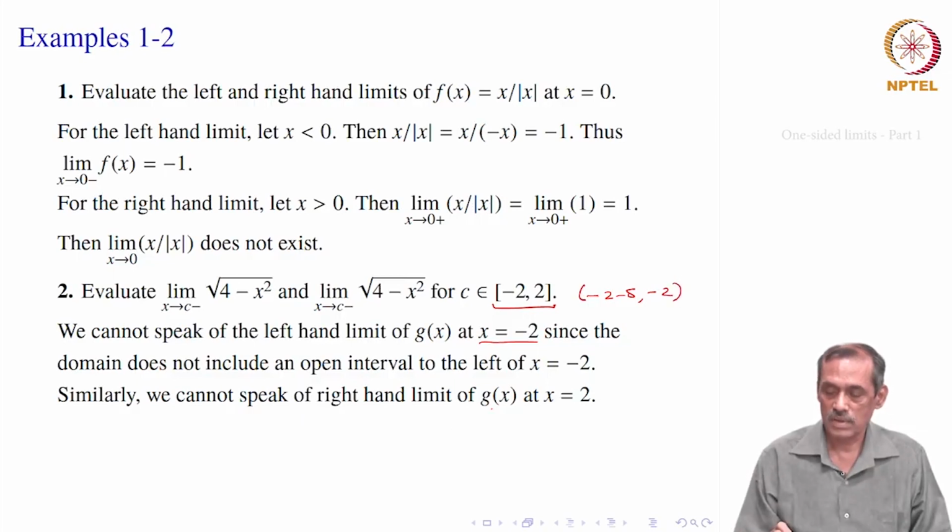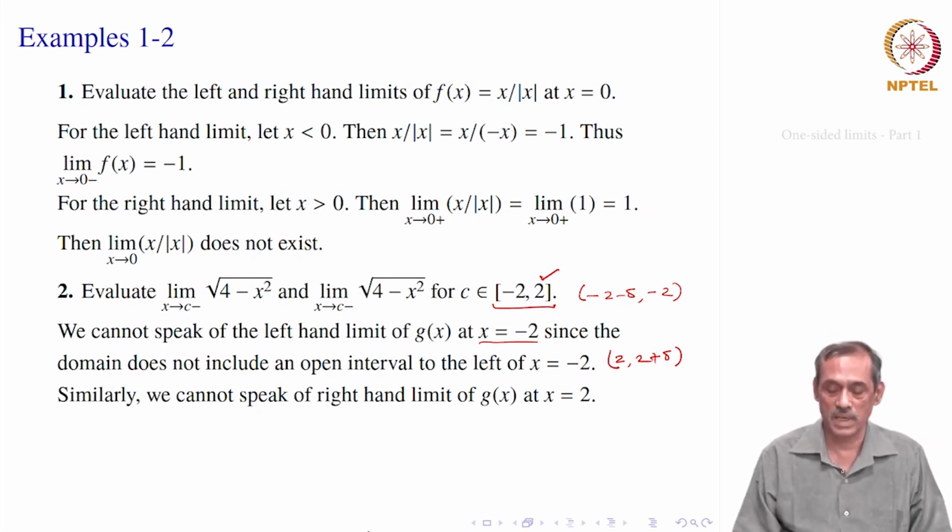Such a neighborhood should be inside the domain of the function, but the function is not defined for this. Function is defined only after minus 2. So, the left hand limit of this function, call it g x, square root of 4 minus x square, is not meaningful really, right. So, we cannot speak of that limit. Similarly, we cannot speak of the right hand limit at x equal to 2, because in that case we would need an interval of the form 2 to 2 plus delta where the function should be defined.